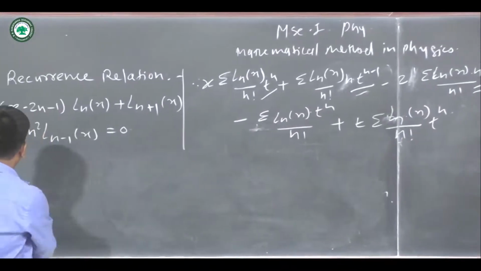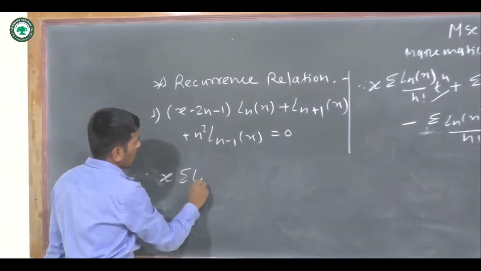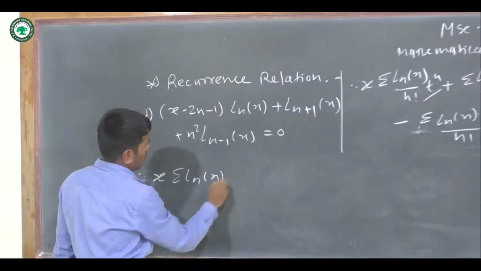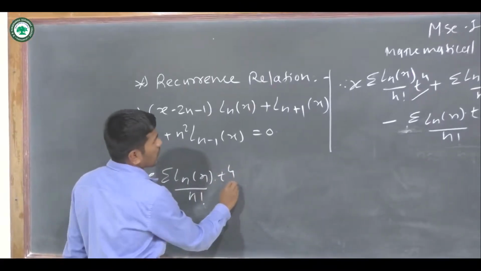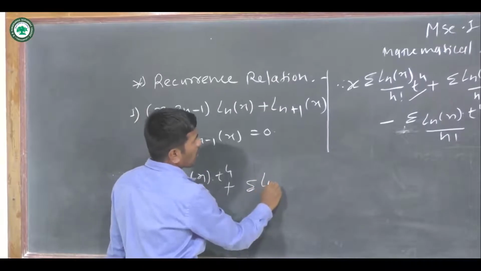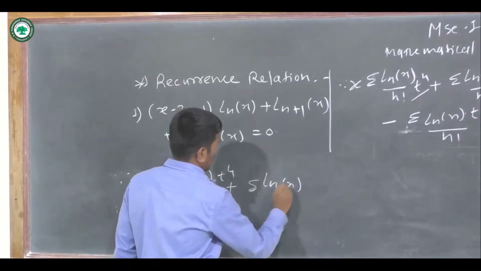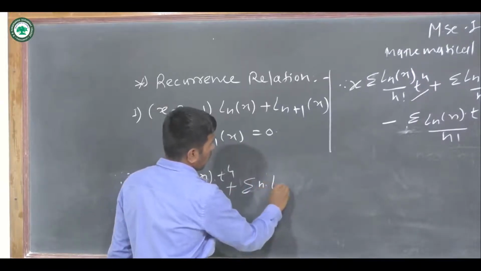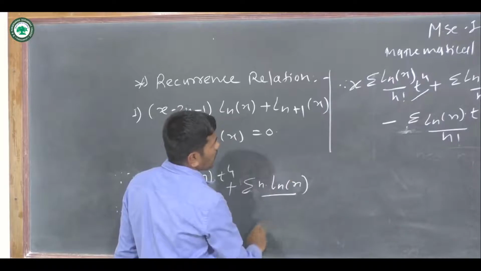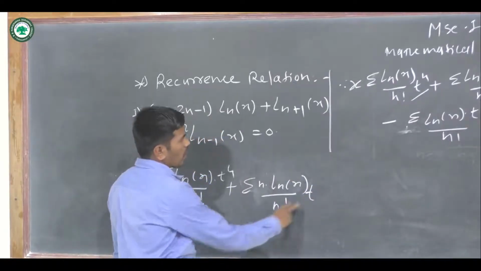If I write again, x times the summation of L_n(x) into t^n divided by n!, plus the summation of n into L_n(x) divided by n! into t^(n-1).